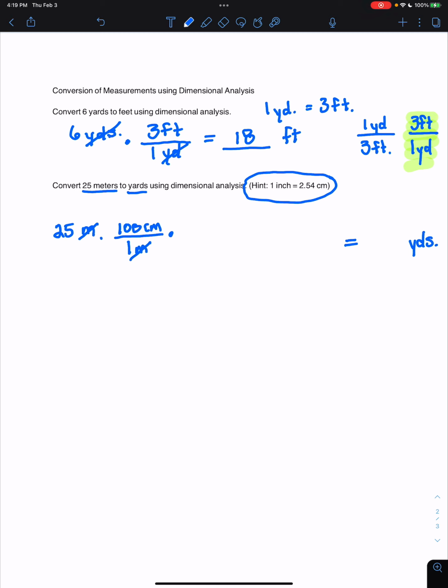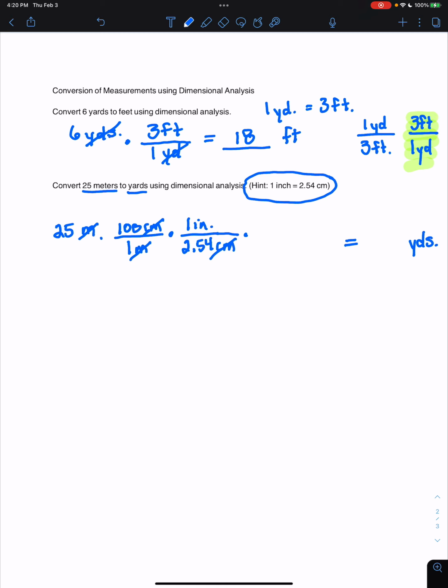So now I have centimeters, I can get to inches because I have my little hint over here. So 1 inch is the same as 2.54 centimeters. Now I have centimeters on the top, centimeters on the bottom. Now I'm still trying to get to yards. I don't know a conversion between inches and yards. Maybe you do.